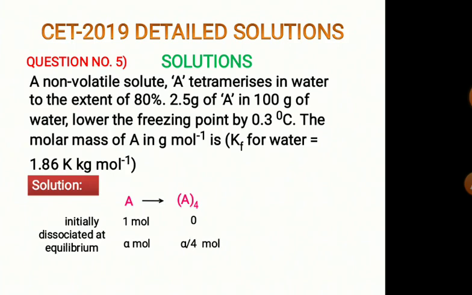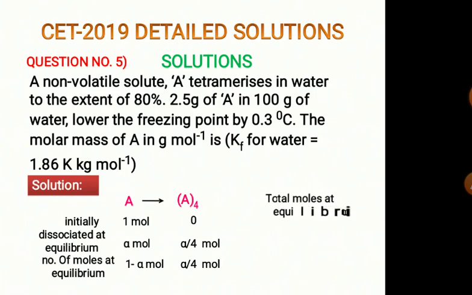Why did we take alpha by 4? Alpha mole is associated, A tetramerizes four times, which means whatever alpha you take, alpha by 4 moles of A4 are going to form. Hence the number of moles at equilibrium is 1 minus alpha of A, and alpha by 4 moles of A4.